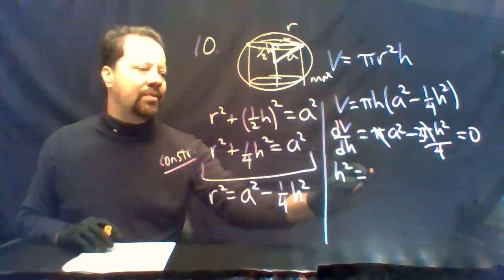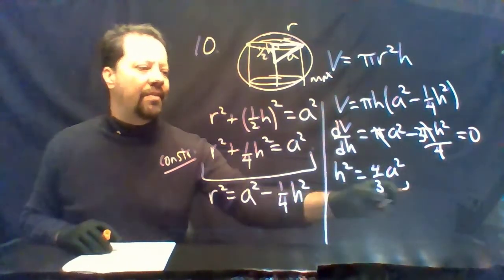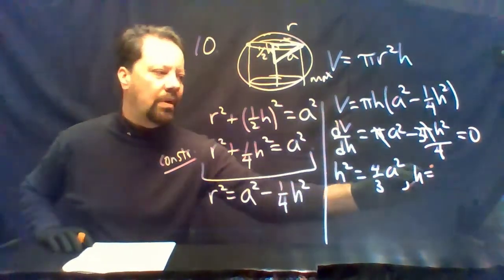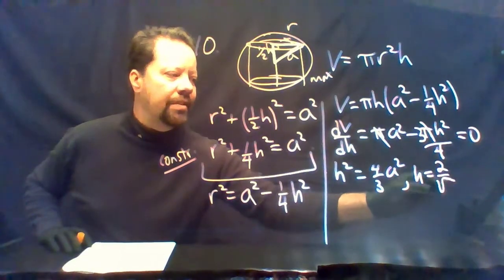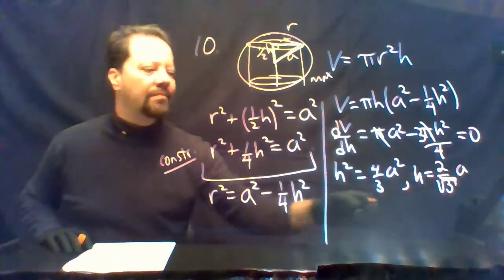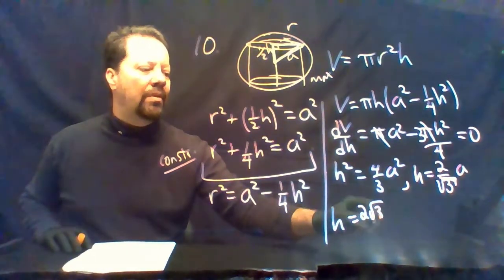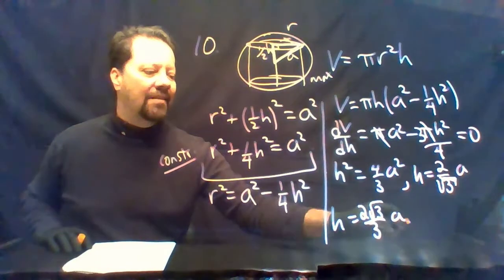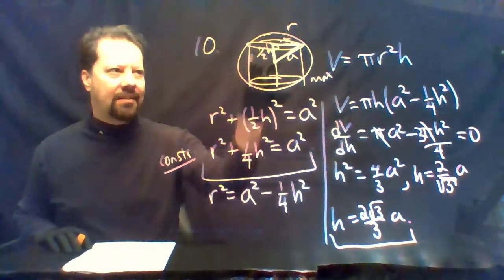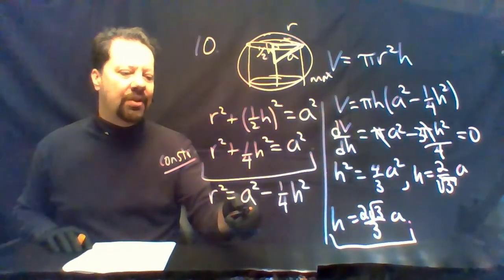H squared is going to be 4/3 a squared, so h, which must be positive, is 2 over the square root of 3 times a, and a is positive as well. So h is 2 root 3 over 3 a. We have the dimensions for h, the height. It only remains to find r, but we can get that by substituting over here.